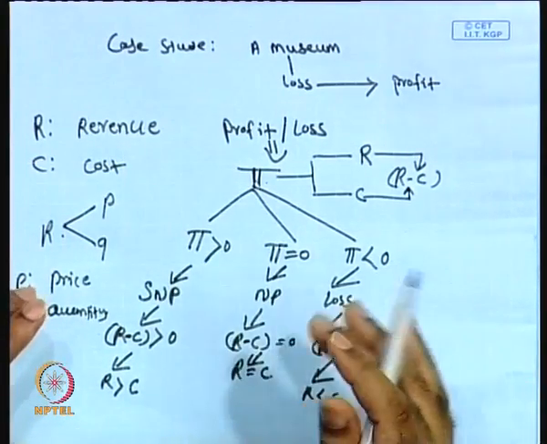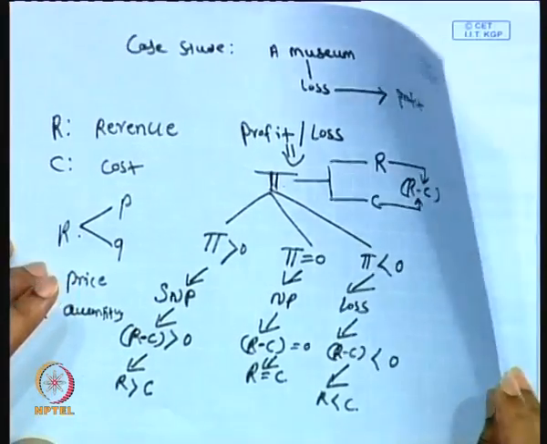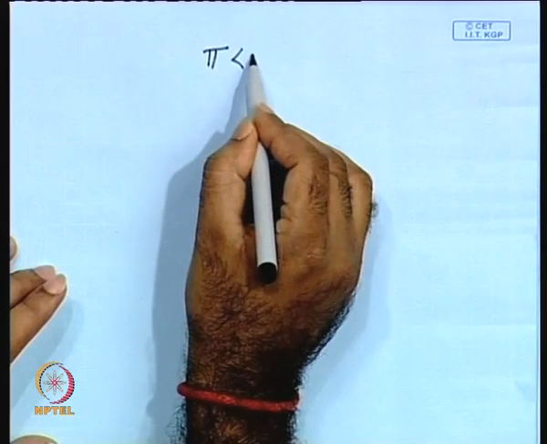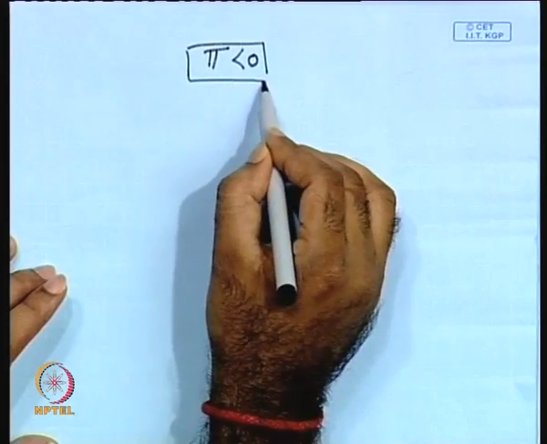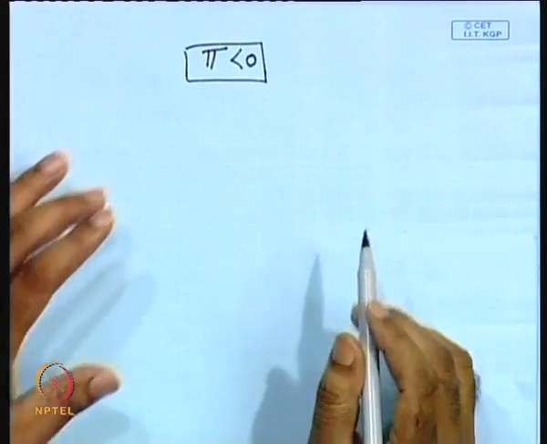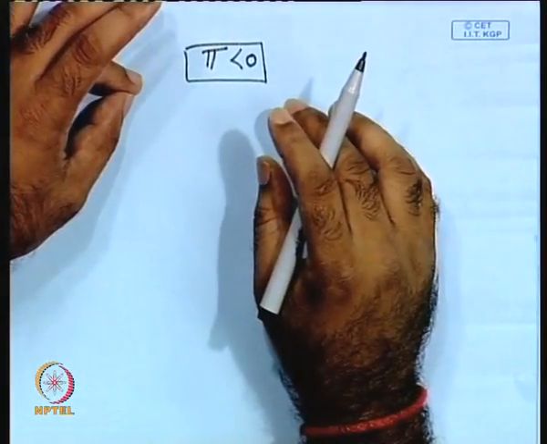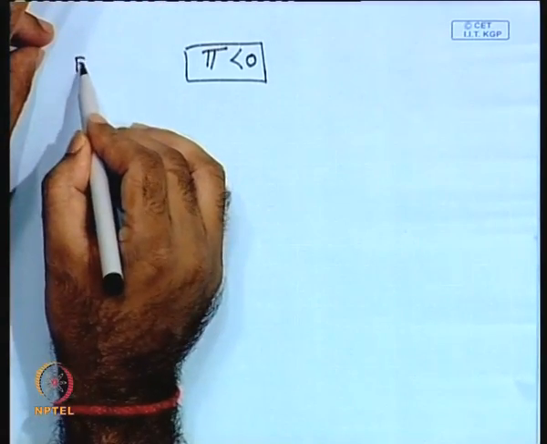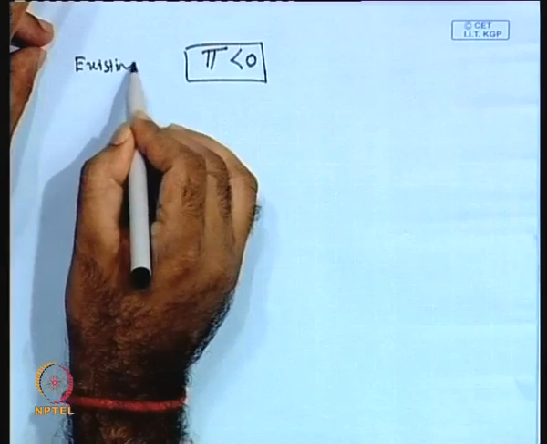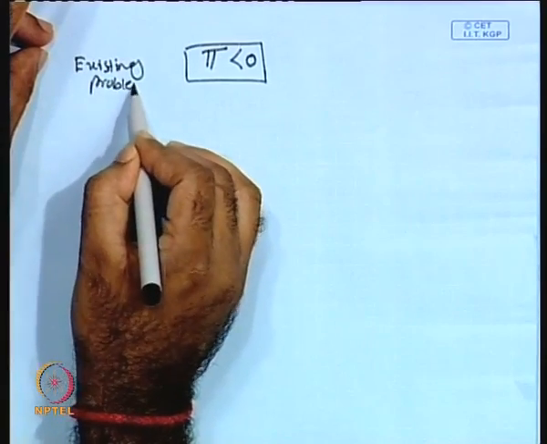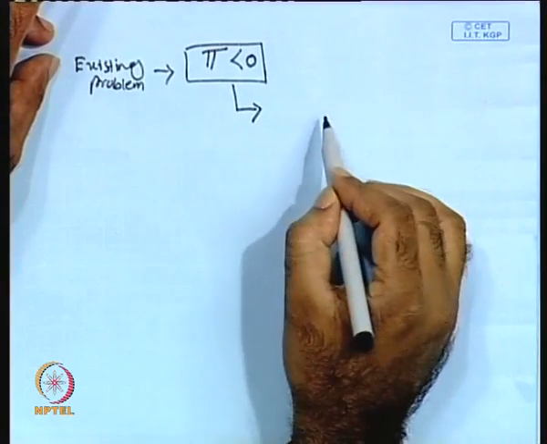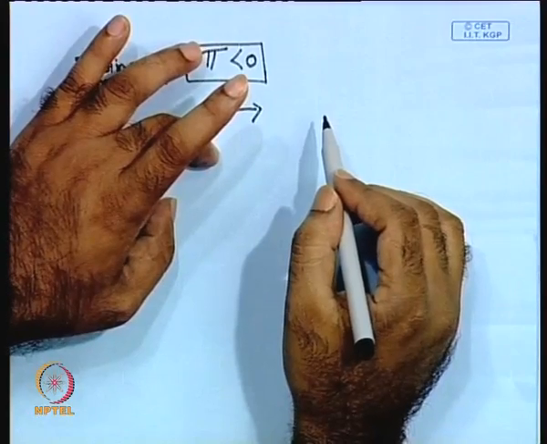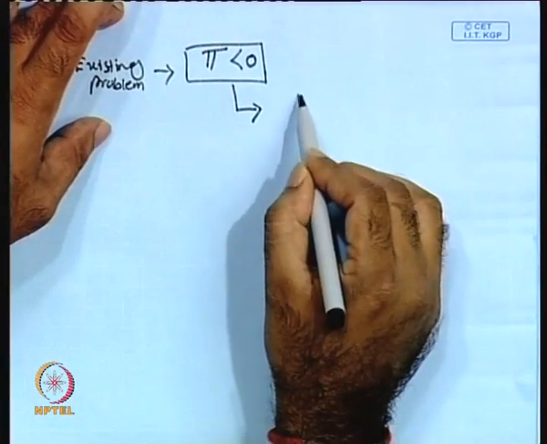So now for this particular problem, we are in the position of phi less than 0. When we see a loss making organization or loss making business, then obviously phi is less than 0. So the existing problem is phi less than 0, but our assignment is to transfer this existing problem into a profit shape.